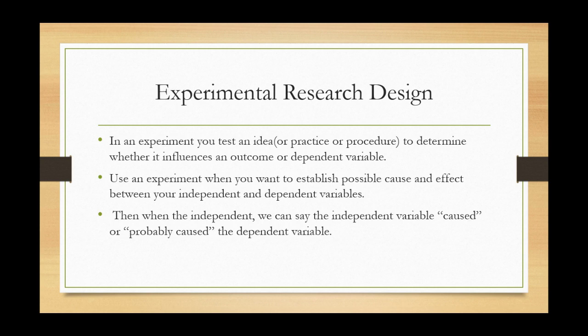First you decide on an idea, or a procedure or practice that you want to experiment. After that, you assign individuals to experience it. So you have one group that you expose to a certain procedure, practice or idea. Then you have some other individuals that you allow to experience something different.